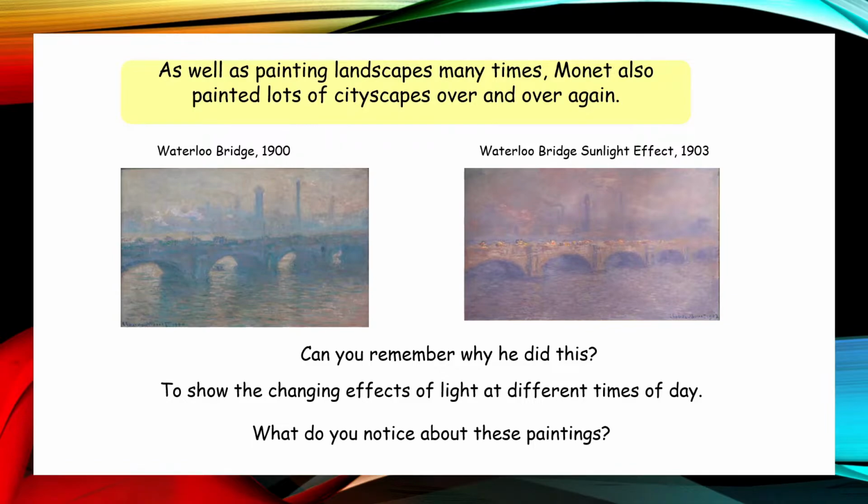He's used quite dull grey colours in the first picture, and it looks like it's a picture of Waterloo Bridge in winter, whereas he's used a different choice of colours in the picture on the right. He's used quite a lot of oranges, so that's to reflect the sunlight effect. So it must have been a summer's evening when he painted that picture.